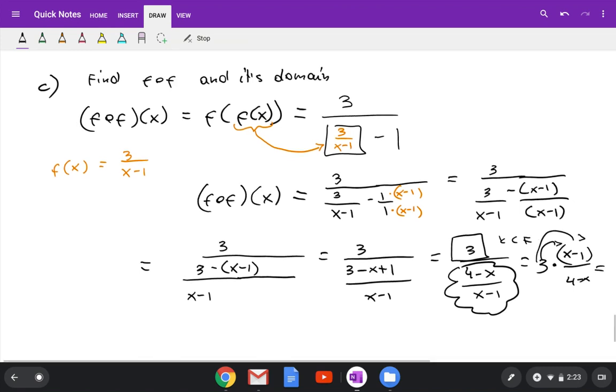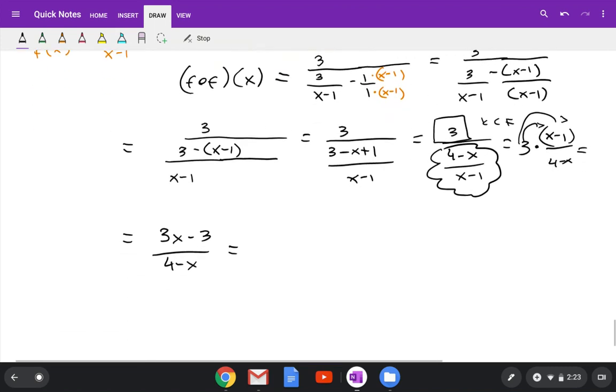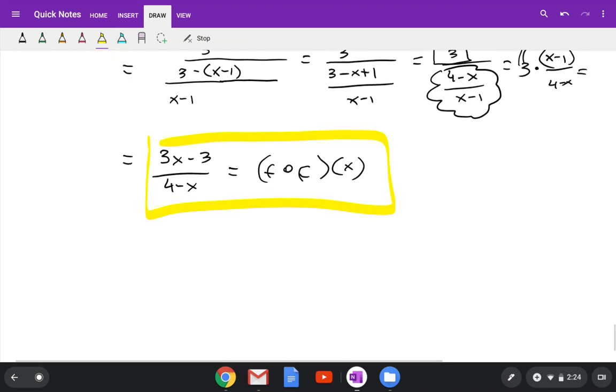So that will give you 3x minus 3 over 4 minus x. Okay, so this is f composed with f of x.